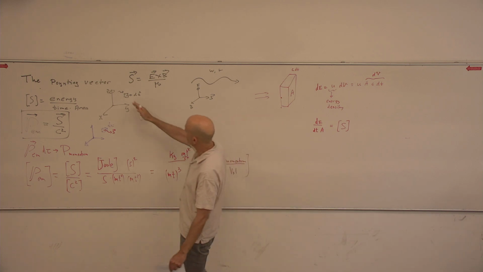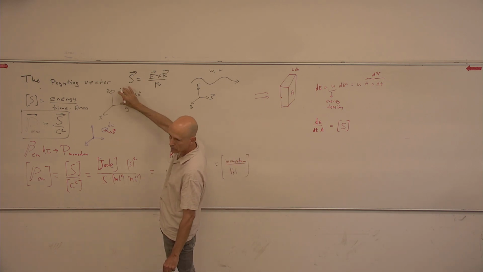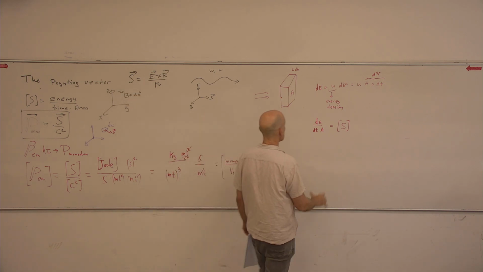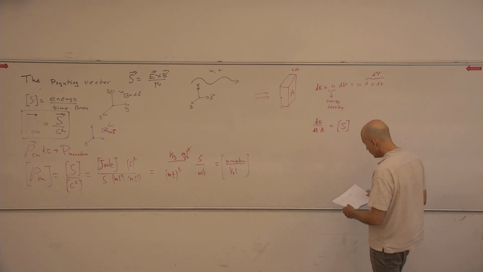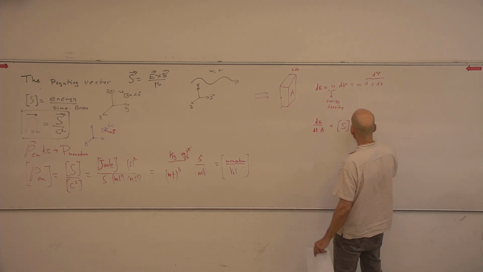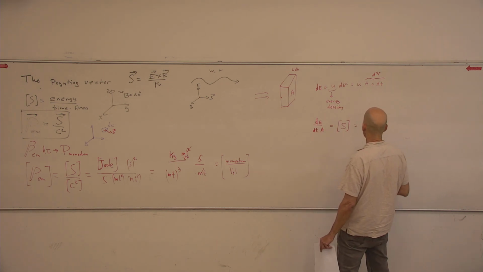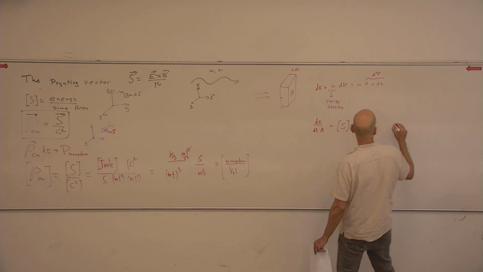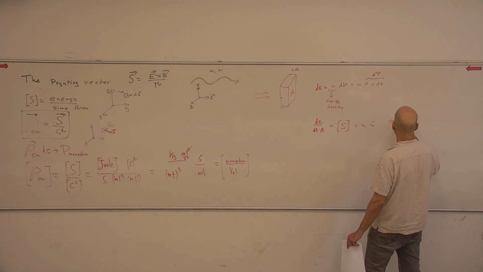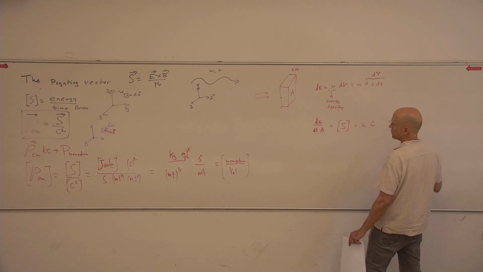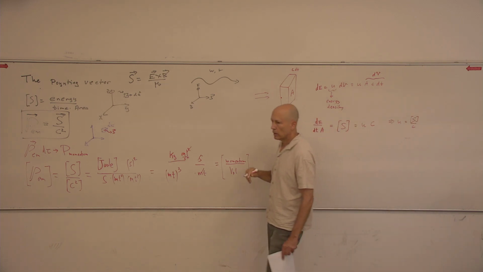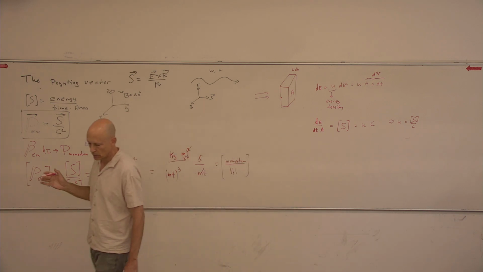This is what we said before. This area, this is like this delta A here. This is exactly the S. So this is equal to U c. So this is another way of looking at the energy density: S divided by c. And you can read more about this if you want in Griffith's book.